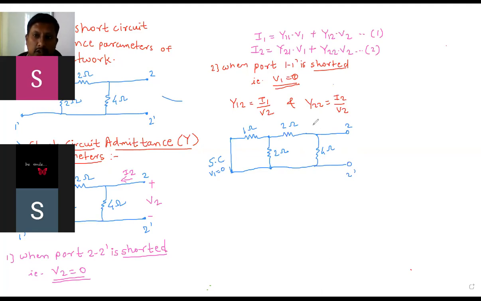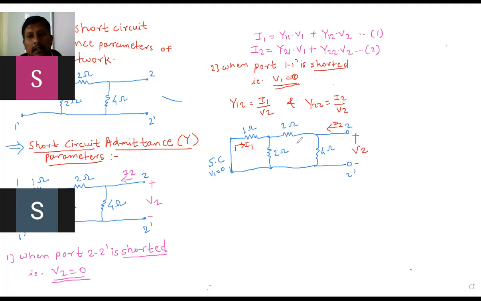So the variables you can show here: this is I2, this is plus minus V2, V1 is 0, and this is the current I1. Now, if you are observing this formula I2 by V2, the variables are of the same port.